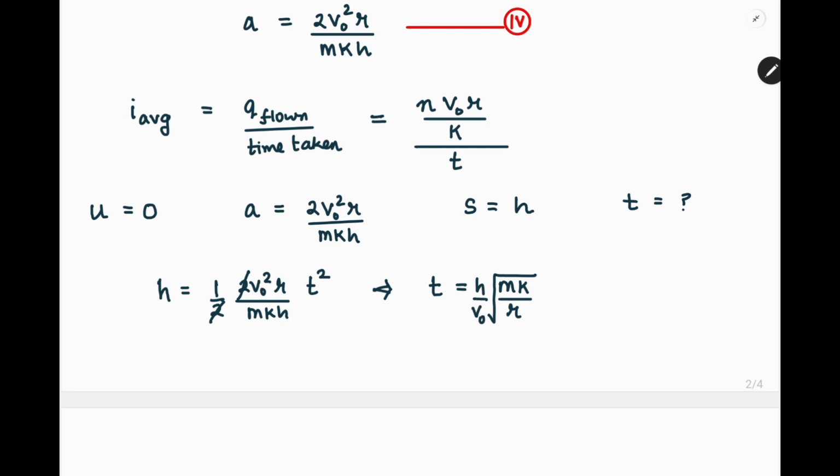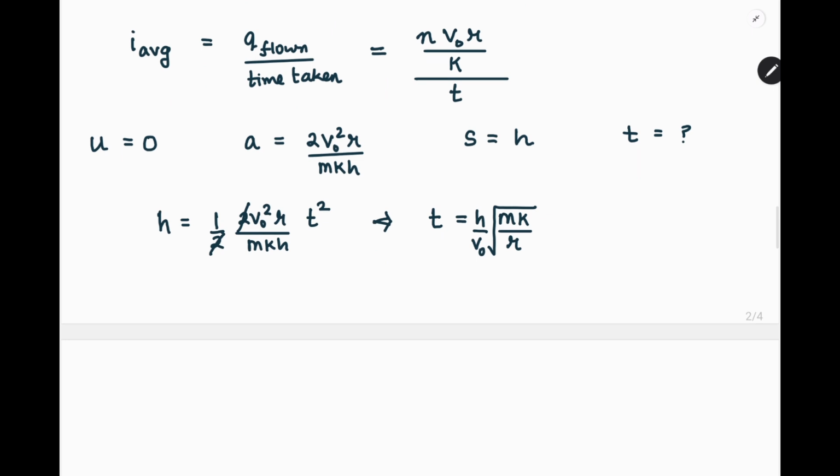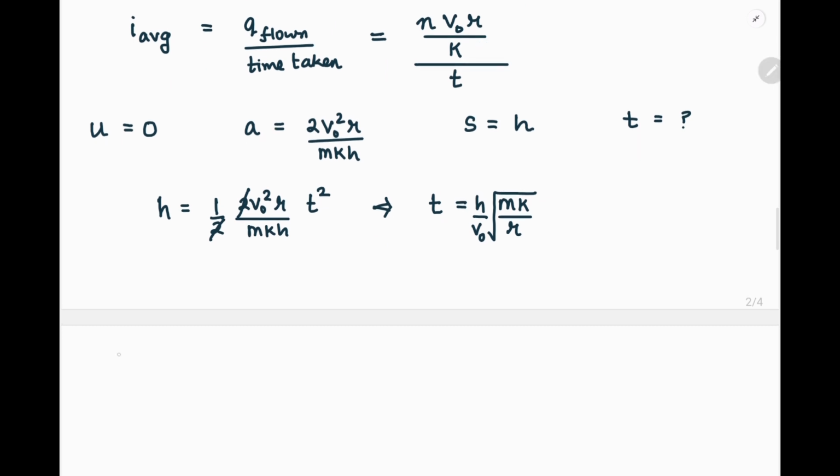This is the time which it will take, and if we substitute this value in the average current equation, I average takes the form V naught R by K divided by this time, so we get V naught by h times root over R by mk.